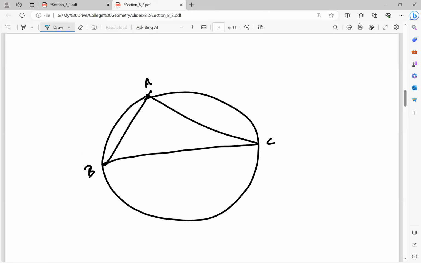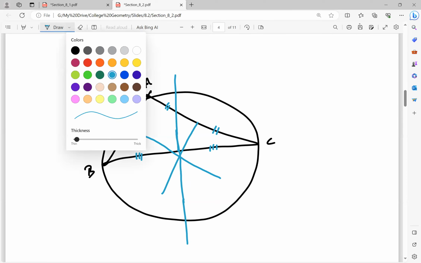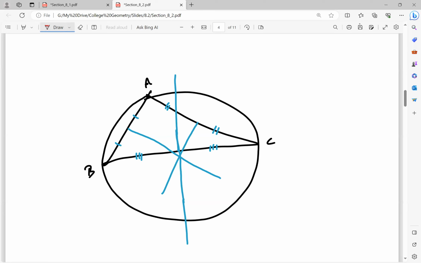Let's draw some perpendicular bisectors. So there, and there, and there. Those are the same, those are the same, those are the same. And then let's do a different color for the point. The point is there.